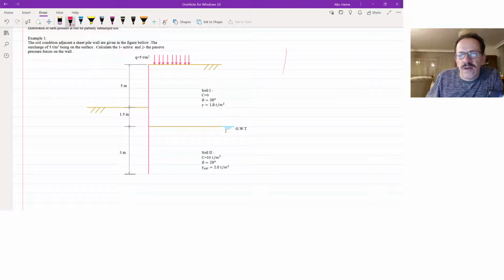For example, if I have the depth Z here, and I have to find the pressure at this point, what should we do?